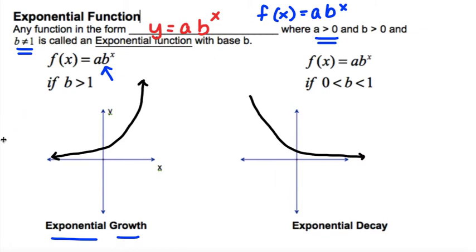Now, there's a couple things that we're going to want to know about the graph. With the exponential function, we're always going to be considering what the y-intercept is, so we need to know that. And it has something that we haven't quite talked about yet. It has something called an asymptote. This is an asymptote.